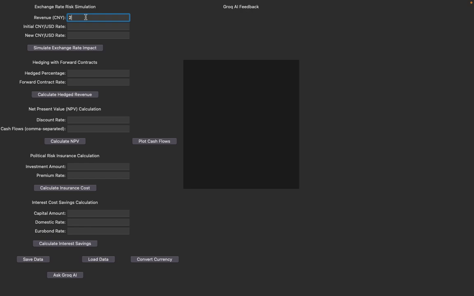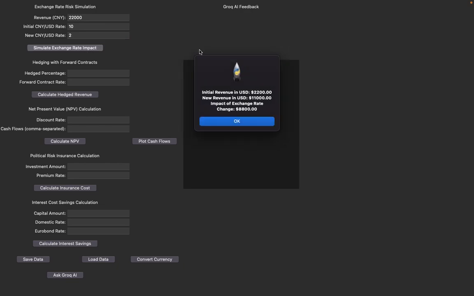We take 22,000 as a revenue, and we take the initial rate around 10%, and our final new rate around 2%. So we get a pop-up saying that the change in revenue would be around 8,800, which is the impact of the exchange rate. And we would also be calculating the new revenue, which would be around 11,000.